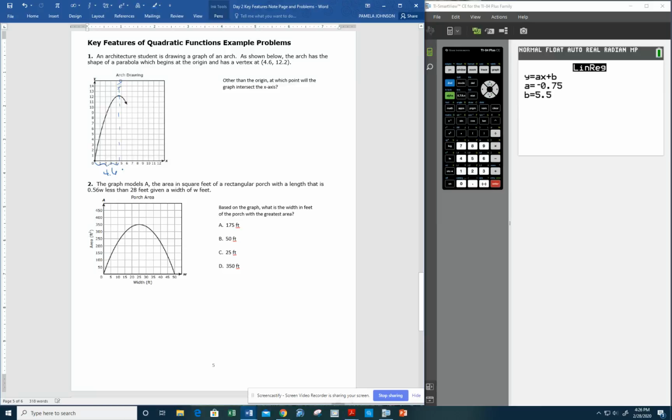So from our axis of symmetry to our next x-intercept will be another 4.6. So if I add 4.6 plus 4.6, I'm going to get 9.2. So my other point is going to be at 9.2, when x equals 9.2.